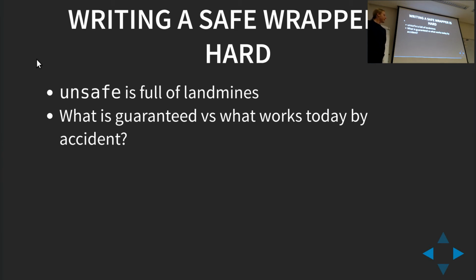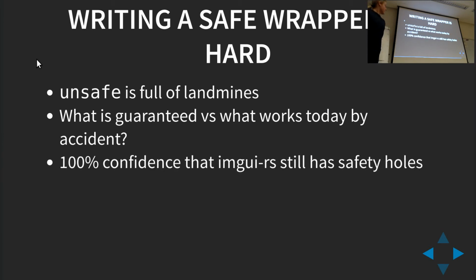So it's sometimes very difficult to know if a solution is actually a sound solution that will continue to work. And I'm completely sure that IMGUI-RS still has safety holes. In fact, I know some. One is the thread safety. You can initialize the library twice and then break it. That's possible. But there are probably some more evil safety holes there as well that I need to find.